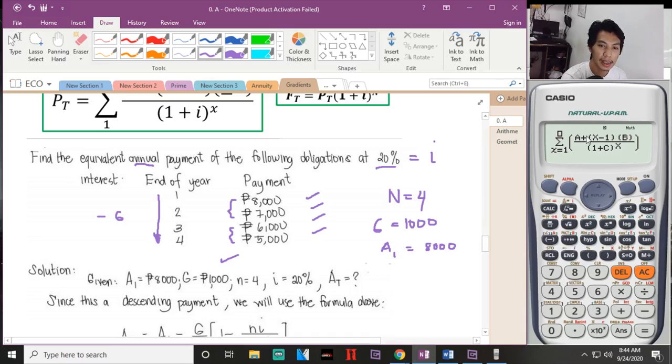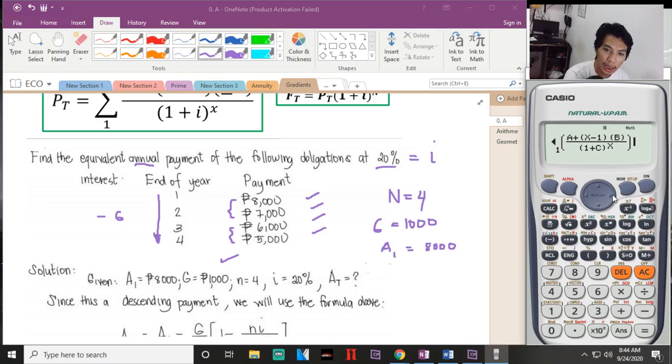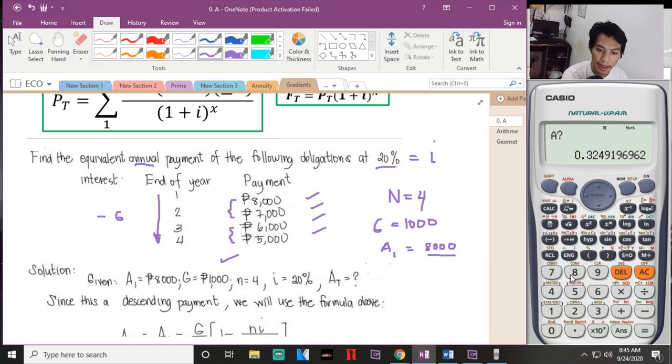Now, class, all we have to do is to input. Gamitin natin tong calculator technique. Now, papalitan natin ng 4 si N, si A as is natin yan ha, ganitong format. Calculate. Si A, ano ba yung value ni A? This is 8,000. 8K. Si B, or X, ilan ba si X?